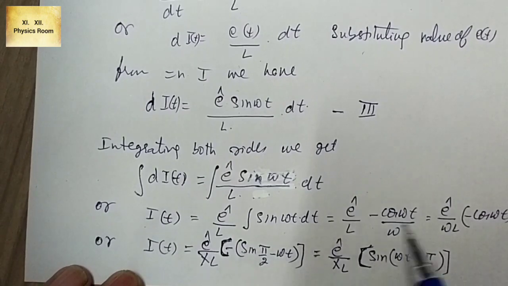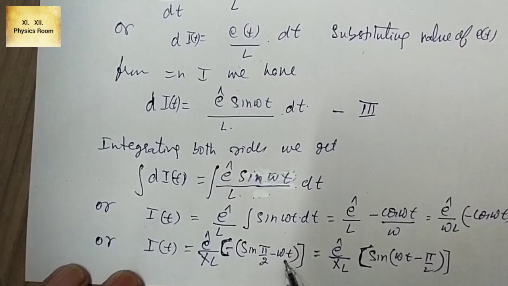Minus as it is, and we write cos omega t as sine 90 minus omega t, or sine pi by 2 minus omega t. Now minus sine theta is sine minus theta. We take minus inside and shift these terms. So I(t) is equal to E max by XL into sine omega t minus pi by 2.